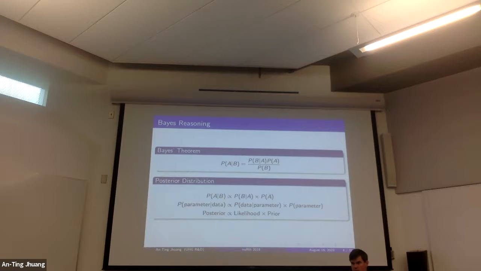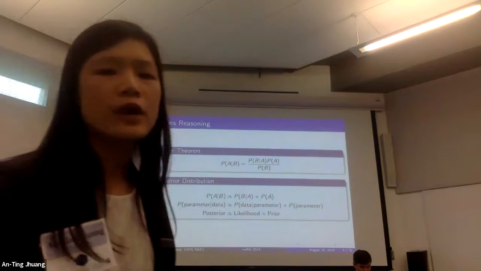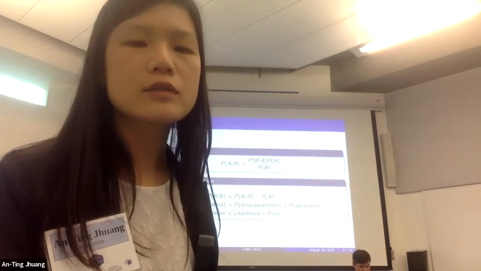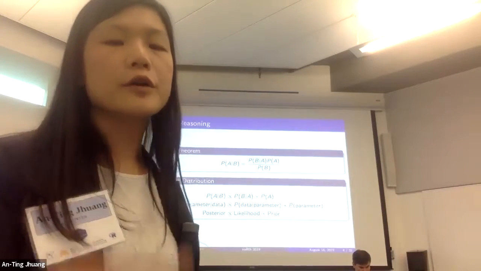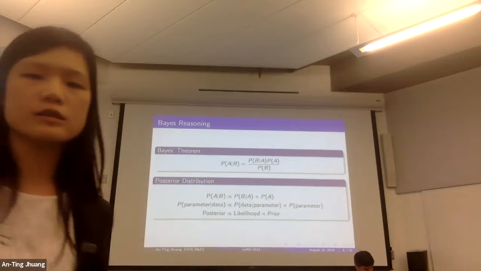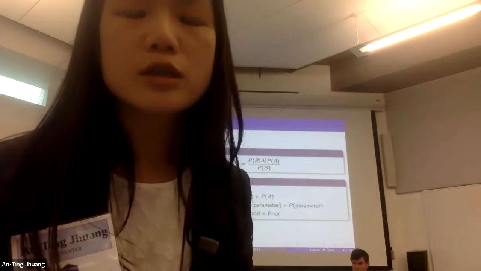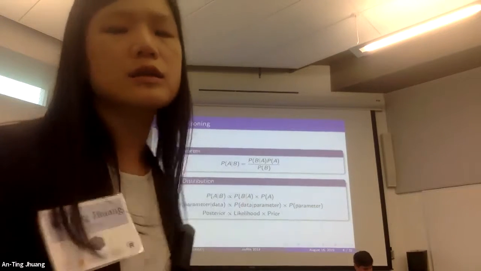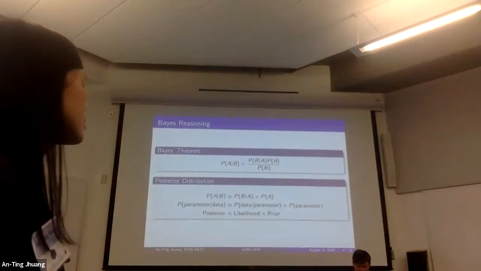Here we call the posterior distribution the density of the parameter given the observation, the data we have, and it is proportional to the likelihood. This piece also occurs in frequentist statistics, but the part which makes Bayesian statistics different is the prior.